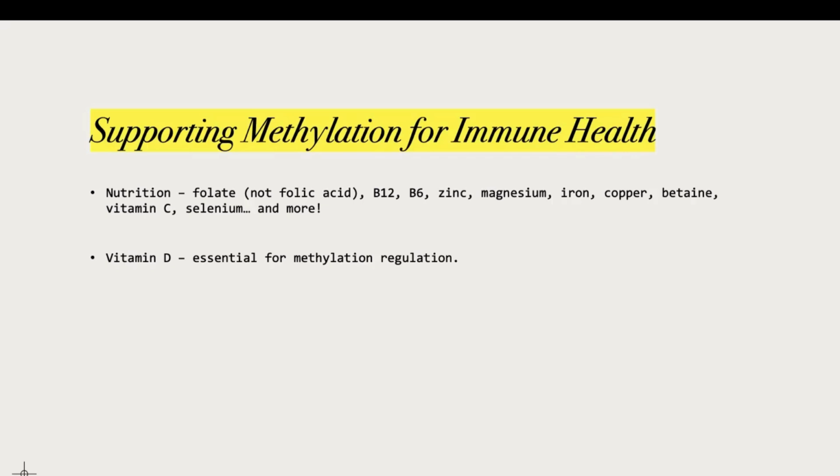These are all people with autoimmune disease and other chronic health conditions, and all of them have got some form of vitamin D deficiency. So what does vitamin D do? It's a hormone, it's an antioxidant, and it does all sorts of different things. But one of the things it does, which isn't talked about, is that role in methylation. And so it's really, really important for people with autoimmune diseases.